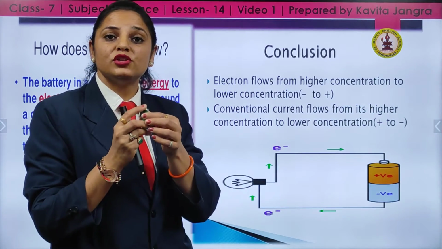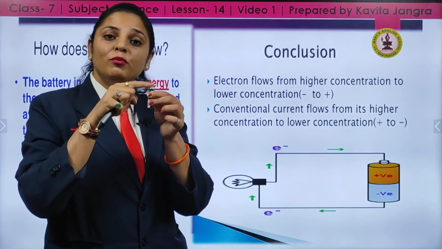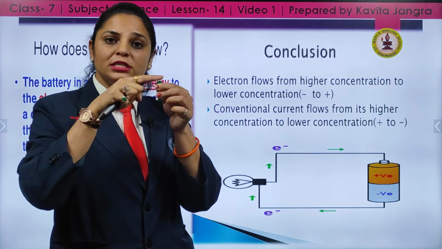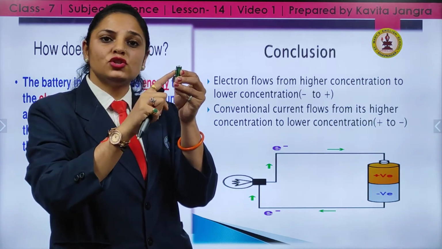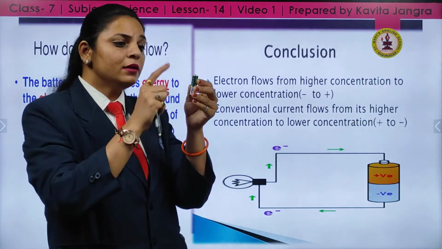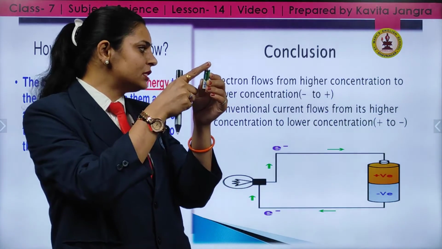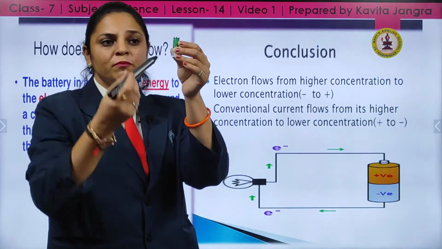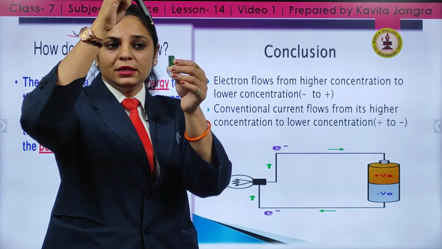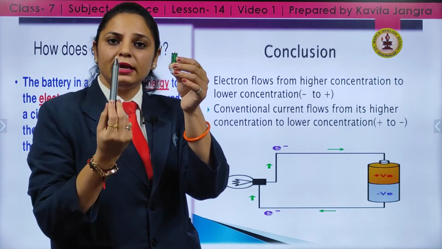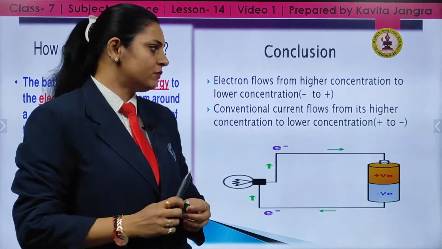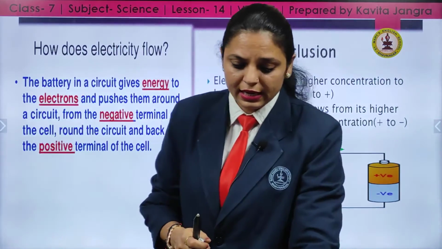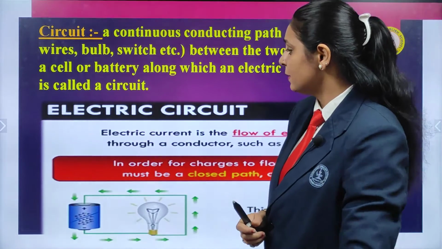Now the concentration will increase towards the positive side, so electrons move from the negative end to the positive end. Electron movement is negative to positive, and current movement is positive to negative. So this is how electricity is flowing in a circuit.